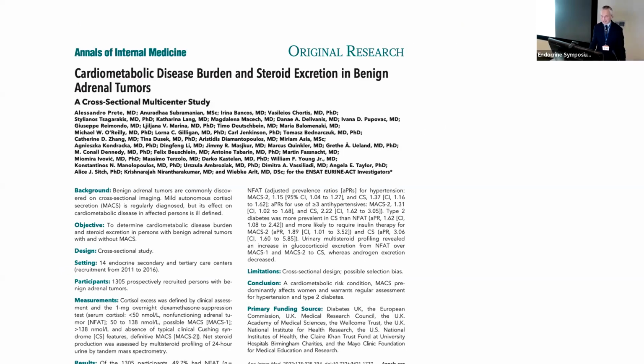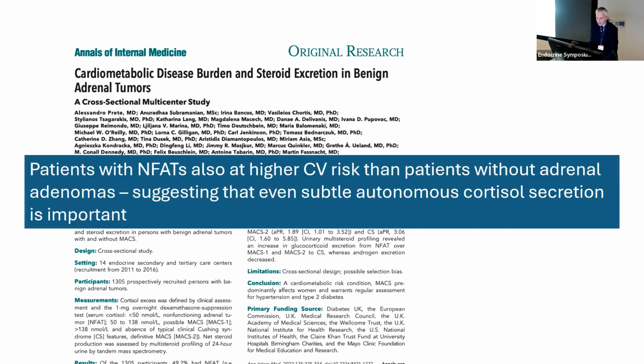However, again, it gets more complicated, because this excellent study by Alessandro Prete, one of our colleagues from Birmingham, actually showed that even patients with so-called non-functioning adenomas seem to have a higher cardiovascular risk than patients without adrenal adenomas. It suggests that even subtle autonomous cortisol secretion is important.